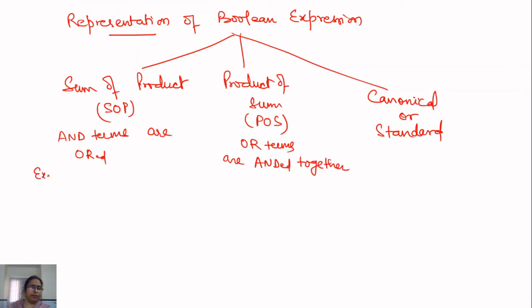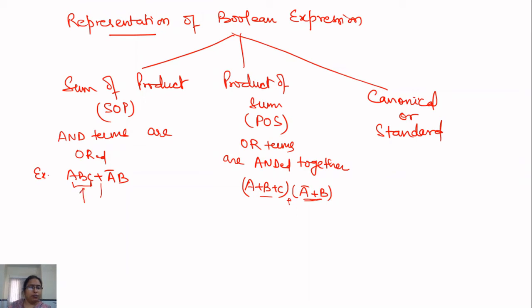Example is A B C plus A bar B. Here this is ANDing of the variables, and then ultimately these are ORed. Here A plus B plus C, this is ORing of the variables, and then ultimately these are ANDed with A bar plus B. So this is ORing of the terms, and then ultimately these are ANDed. So this is the POS form, product of sum. This is sum of product.